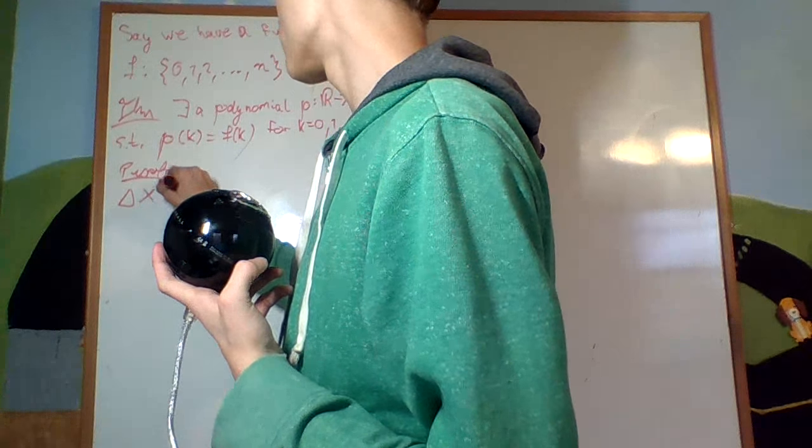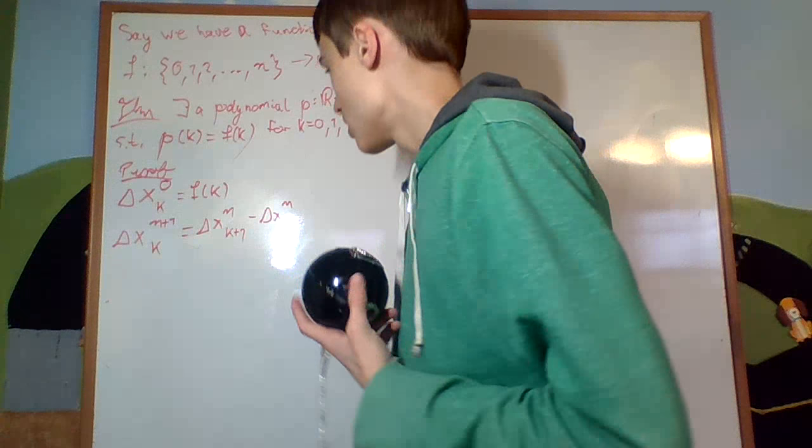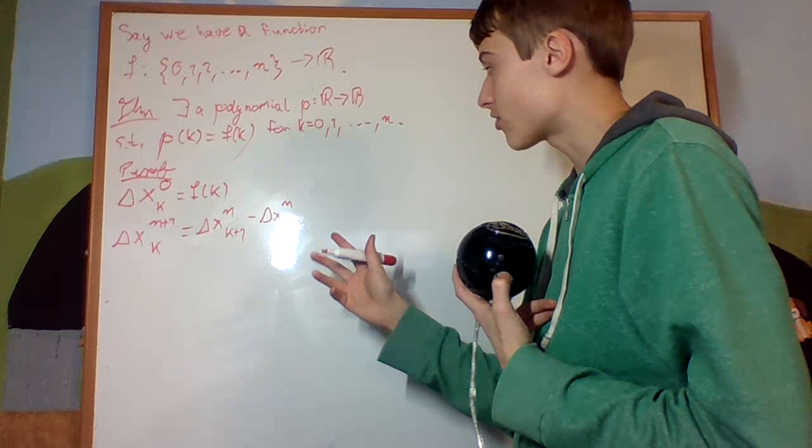Sub k is going to be equal to f of k. Okay, and then we define delta x of n plus 1 sub k is going to be equal to delta x of n k plus 1 minus delta x n k. Okay, that's it. This is just the nth difference, right?